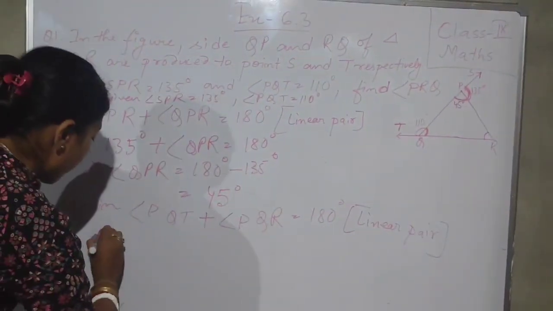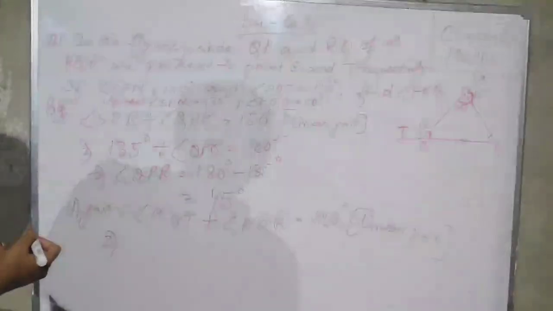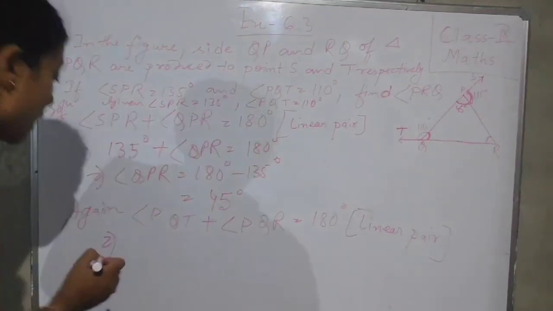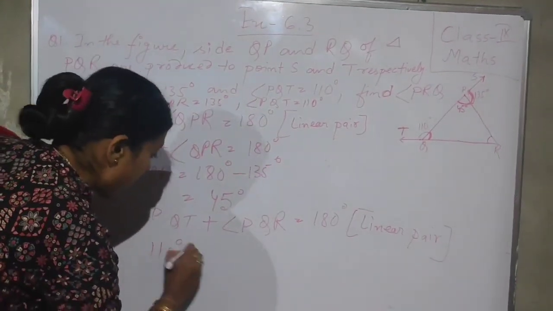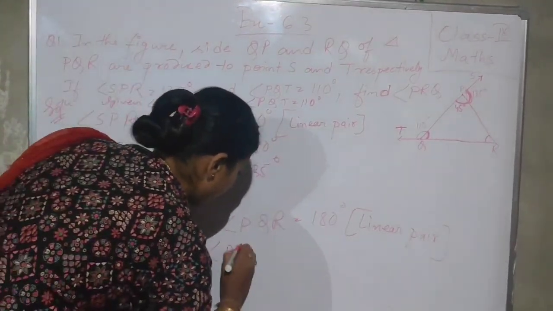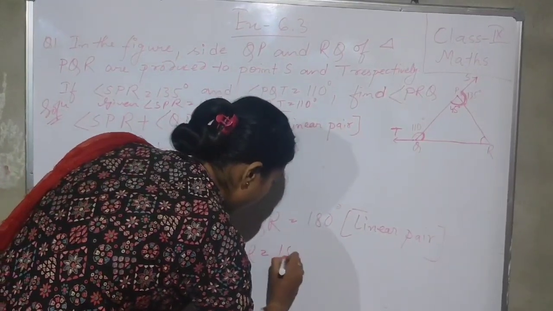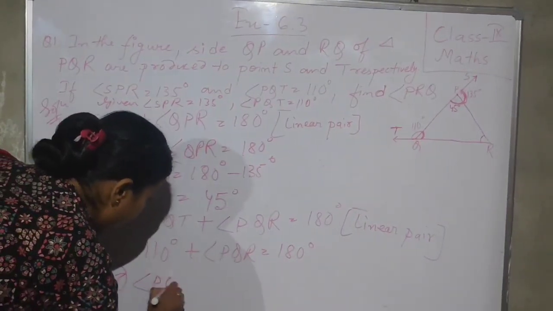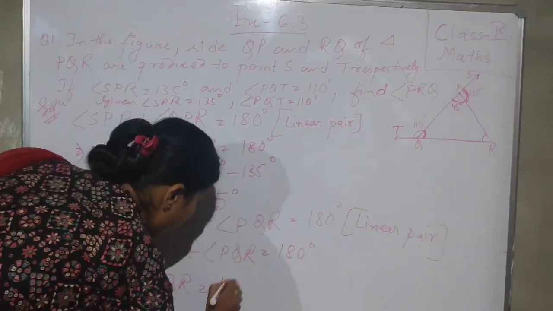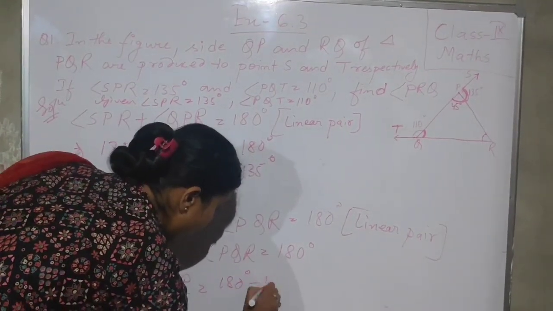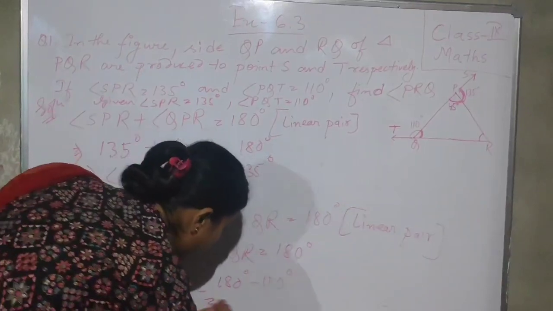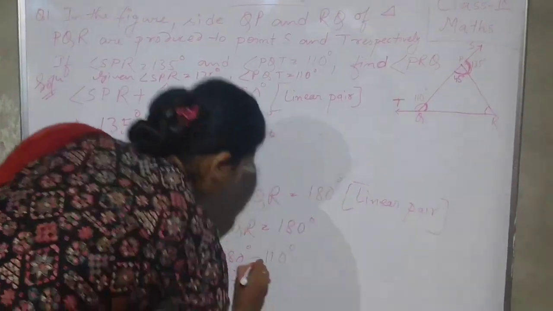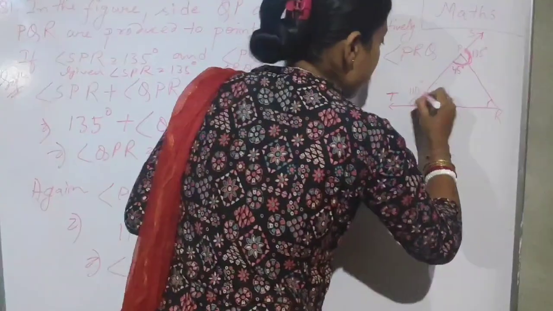Angle PQT is given as 110 degrees, plus angle PQR, which we have to find, equals 180 degrees. So angle PQR equals 180 degrees minus 110 degrees, which is 70 degrees.